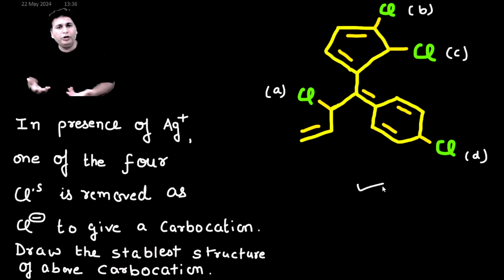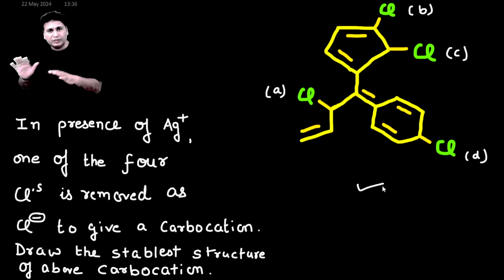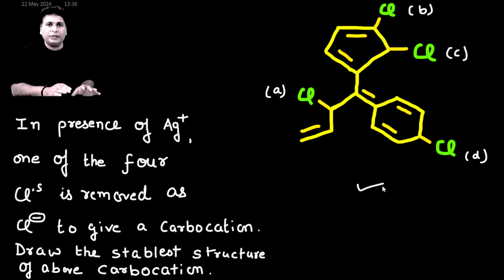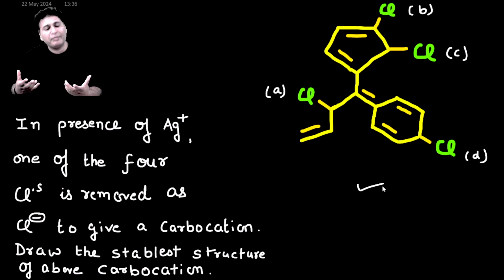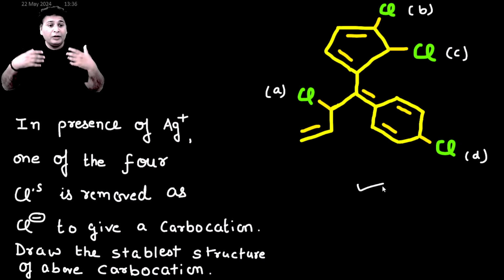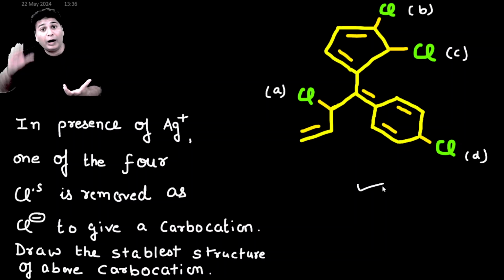Now I have told you, as you remove the Cl- from the compound, a carbocation will be formed. You should understand one thing: anything happens chemically, or you may see in nature also, in which the outcome is stable.